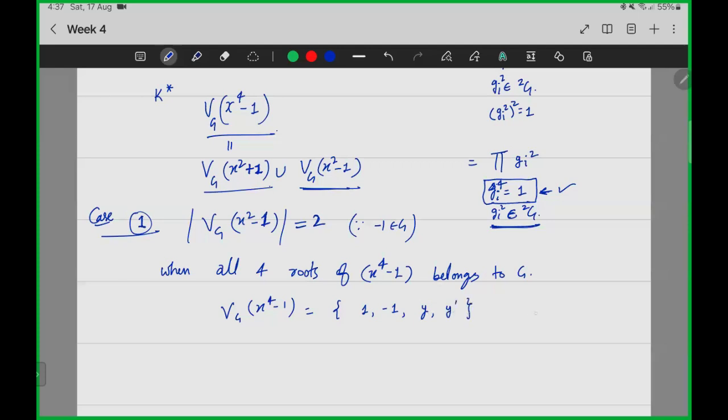The only condition they satisfy is that x power 4 is equal to 1.